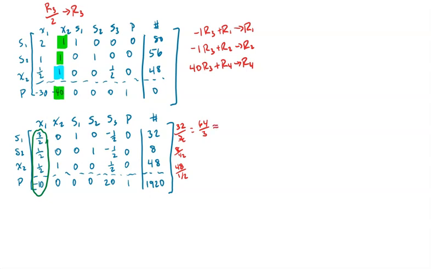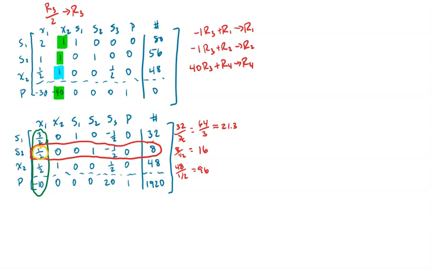Now, just so we know, it's approximately 21.3, just so we know a basic idea of what that number actually is, so we can compare it to the other ones. The second row is going to be 16. The third row is 96. So this second row right here is our pivot row, which means this 1/2 is going to be our new pivot.